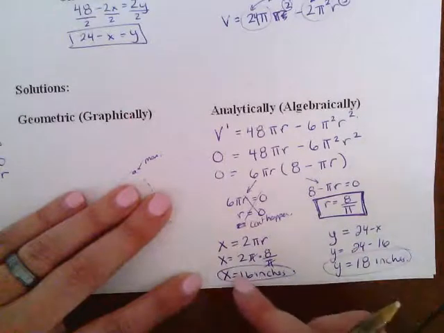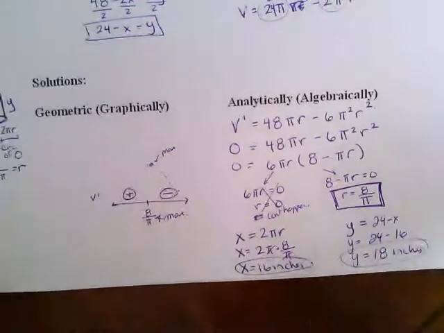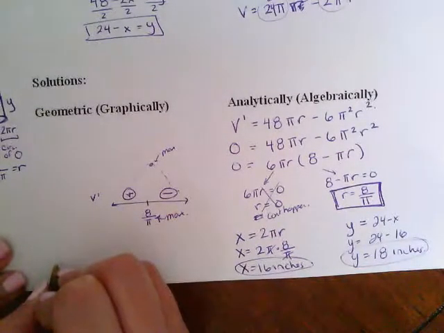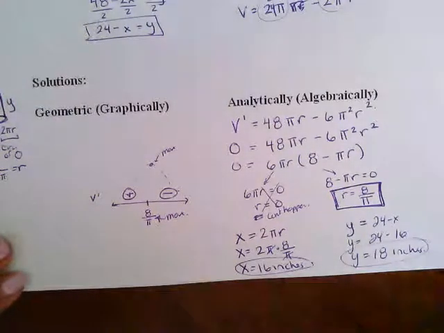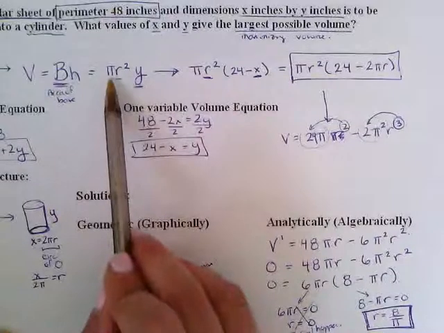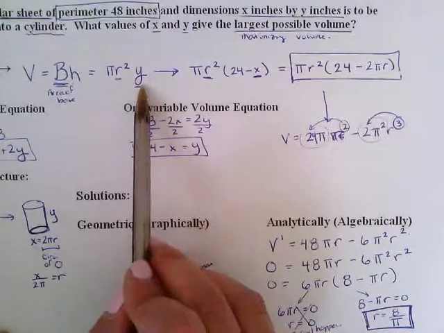So we found the values of x and y that give us the largest possible volume. So the largest possible volume, if it asked for that, would be whatever pi times 8 over pi squared times 18 is.